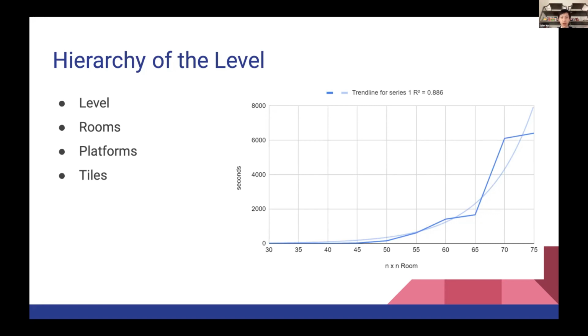So we want to really minimize the runtime, right? That's why we're dividing into more and more minuscule parts, so that we don't struggle with a long solve time. And then we get onto the platforms, which are certain groups of tiles, which I'll explain a little later.